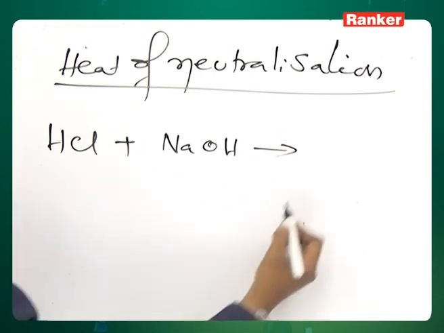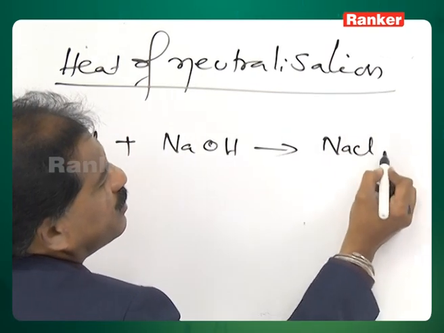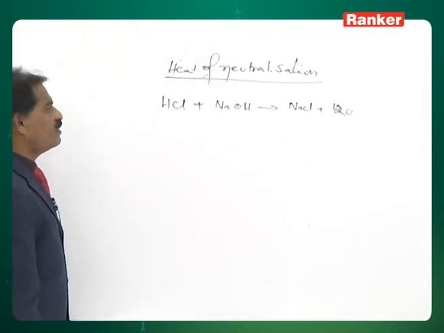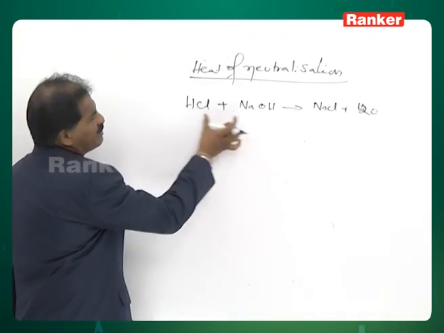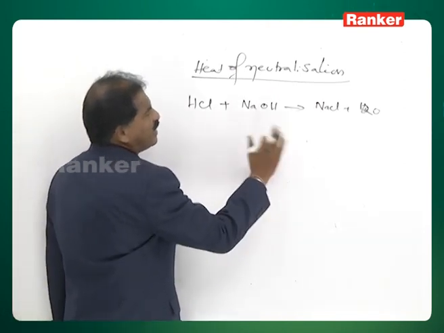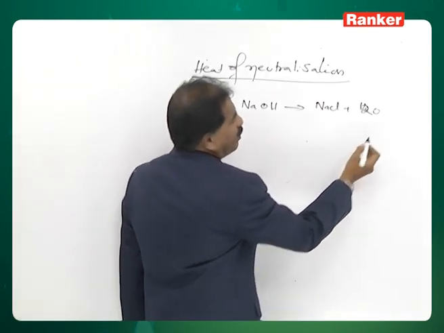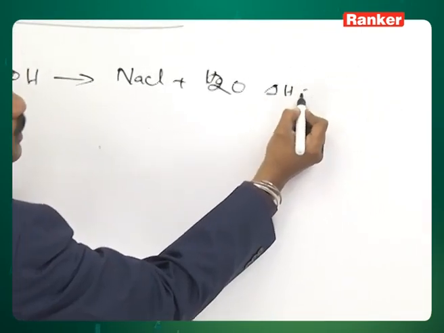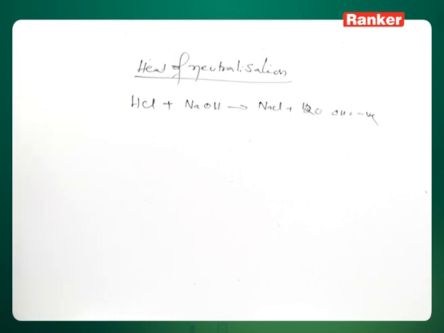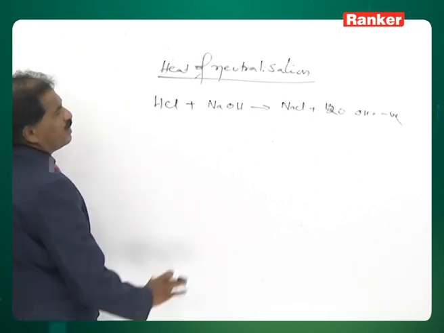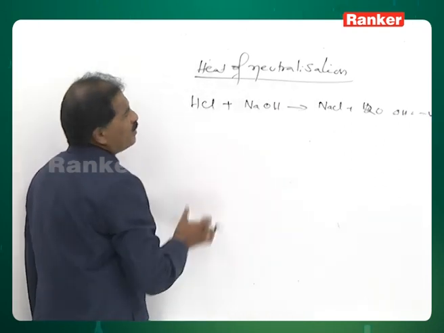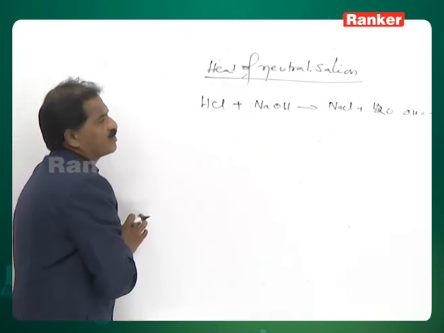If they react with each other, they will produce salt and H2O. Whenever we conduct the reaction between acid and base, since they have opposite nature, they immediately react with each other, therefore a large amount of heat energy will be liberated. Hence heat of neutralization is always negative.